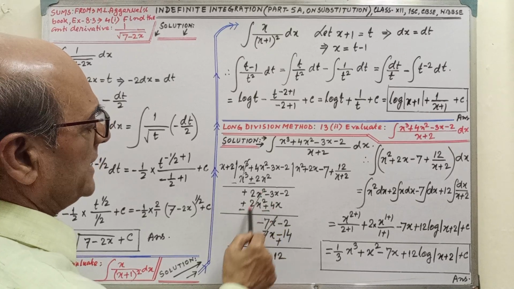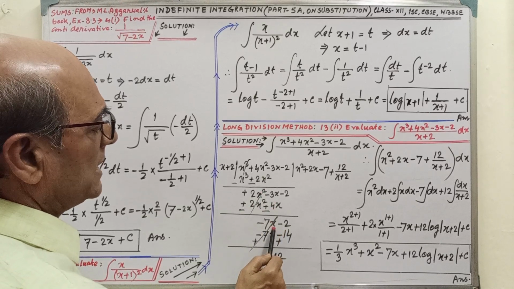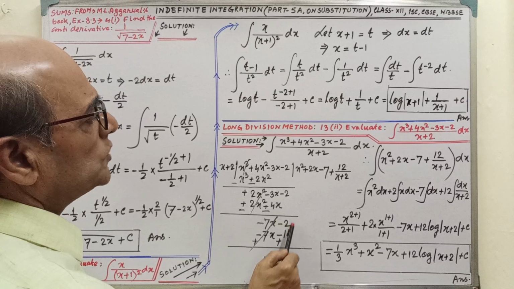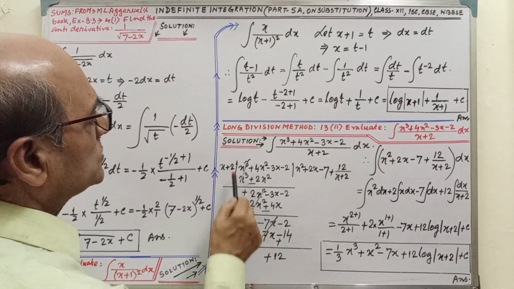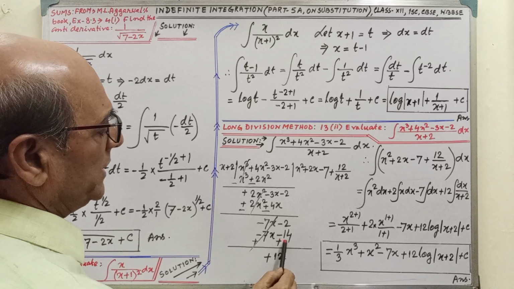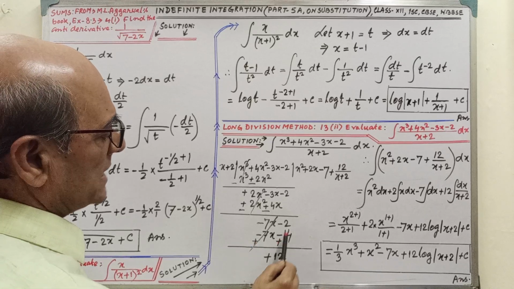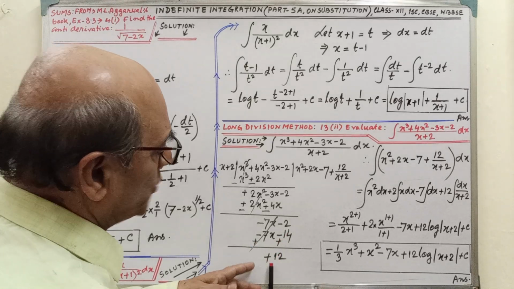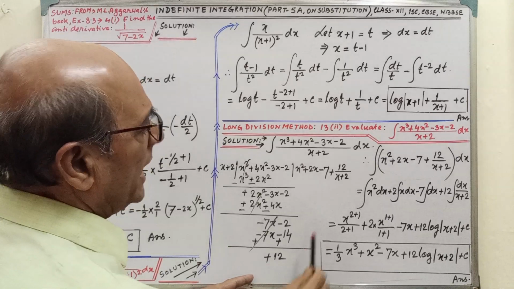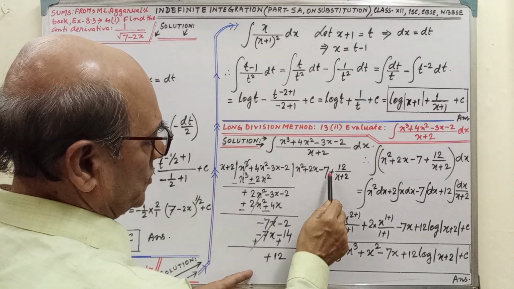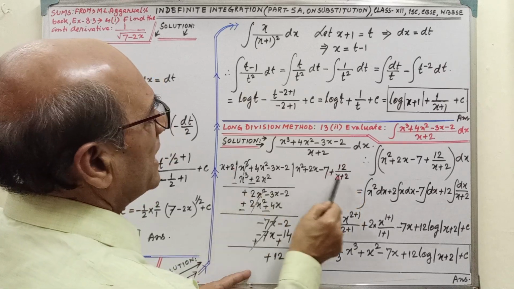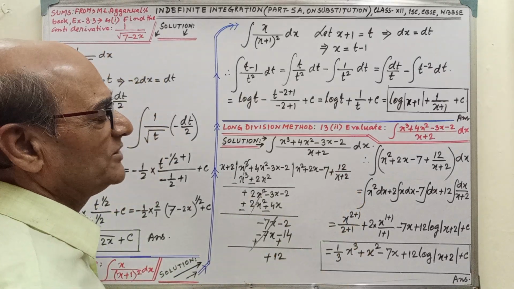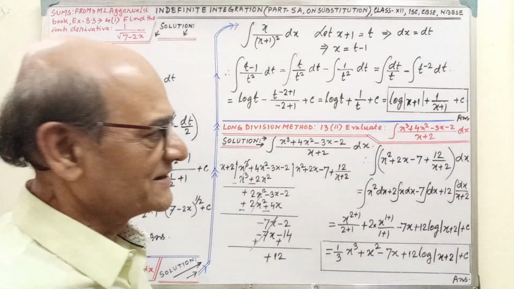By changing the sign and simplifying, we are getting minus 7x minus 2, and here is minus, so minus 7x, 2 into 2 minus 14. By changing the sign, it is coming plus 12. This plus 12 we have to write, here is a plus sign, so here will be plus 12 by x plus 2. I think it is clear, you have learned this at class 7.